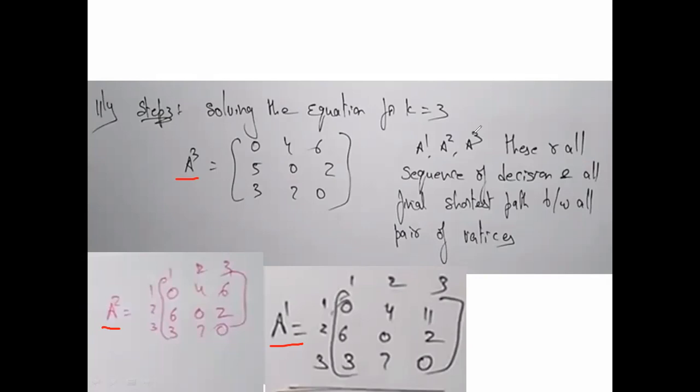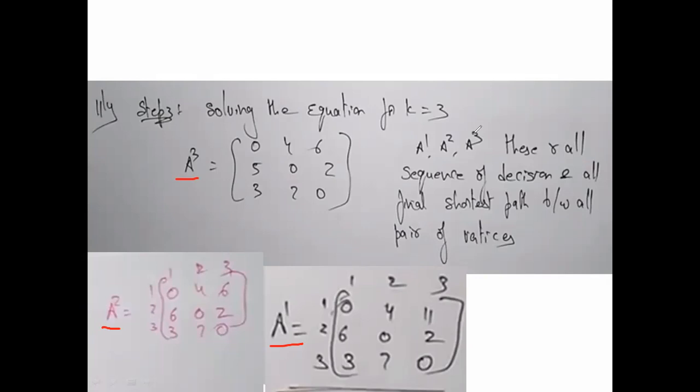But Dijkstra's algorithm is different. This is a single source shortest path. Floyd's algorithm is all pairs shortest path. As the name itself says, it is all pairs: all the vertices to all the other vertices. Dijkstra means one vertex to all other vertices.